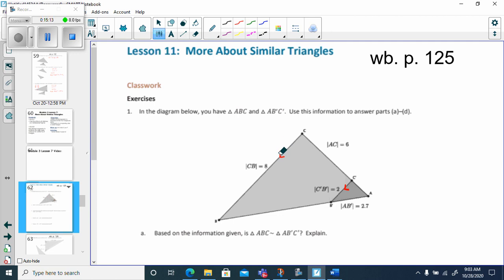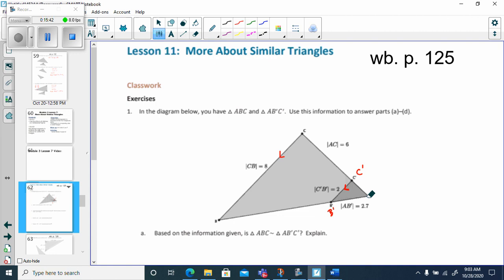If I have this diagram here, and notice I have triangle ABC, and these are my primes. This is my image, this is my pre-image, okay? If these two lines are parallel, can I prove that these two triangles, the small one and the big one, are similar? Well, let's look at this and see, okay?